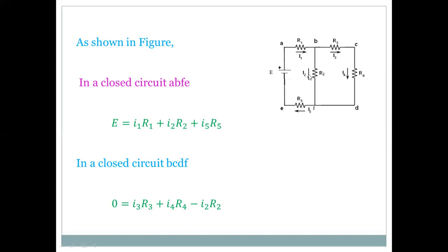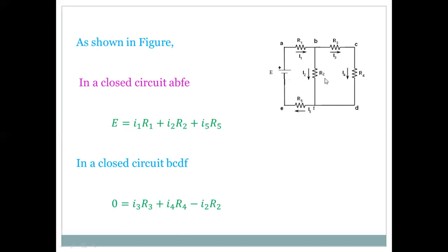When Kirchhoff's second law is applied to the BCDF second loop, or second closed circuit, there is no battery in it, so E is zero and equals the potential differences across the resistances. Here is I3 R3, here is I4 R4, here is I2 R2. I3 and I4 are in the clockwise direction, but I2 is in the anti-clockwise direction.